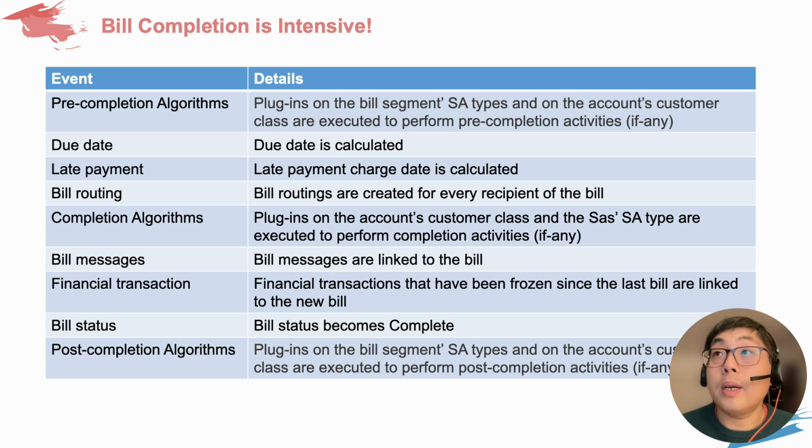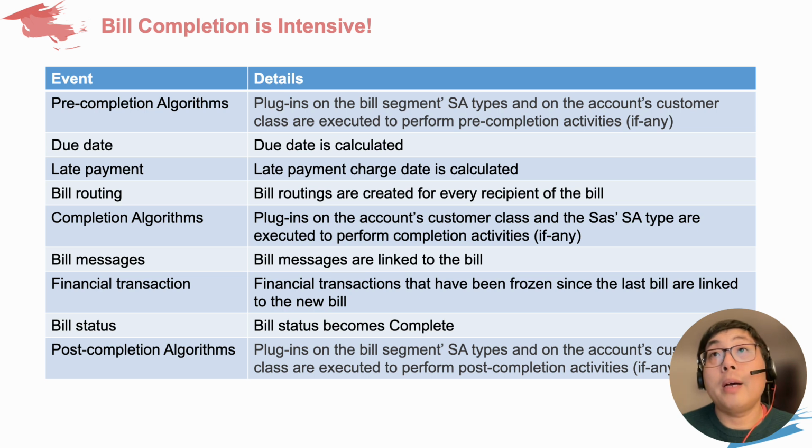If you create a new bill, that's a bill created. If you create a credit note, that's also a bill, and that's also going to trigger the bill completion. And there could be other scenarios.